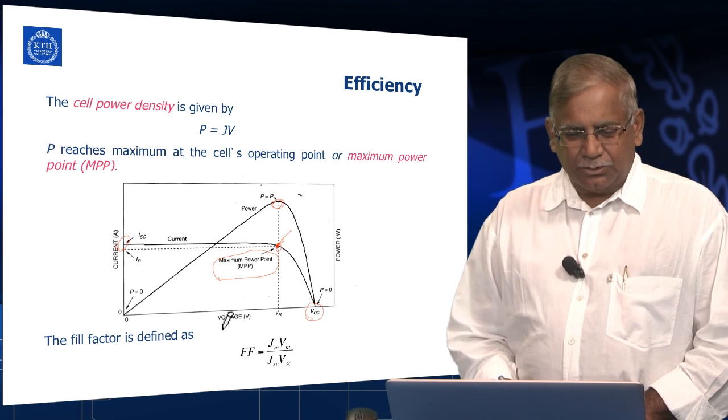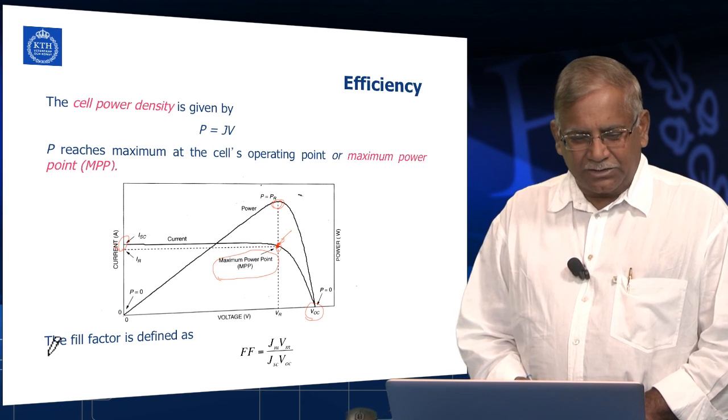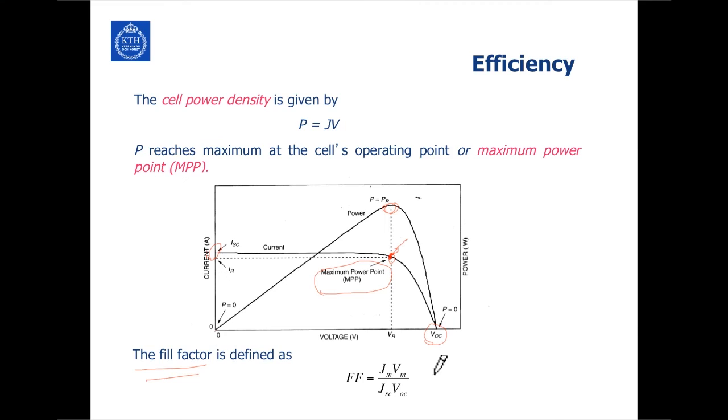And so then we define what is called the fill factor, and it is defined by this definition here, which is very important. This is the current density times the voltage at the maximum power point, so the maximum power point voltage and the maximum power point current.